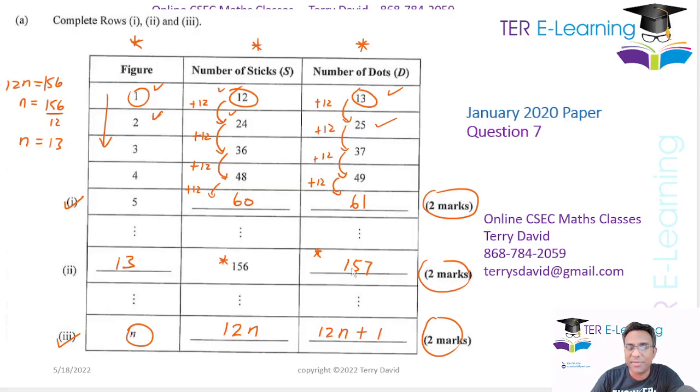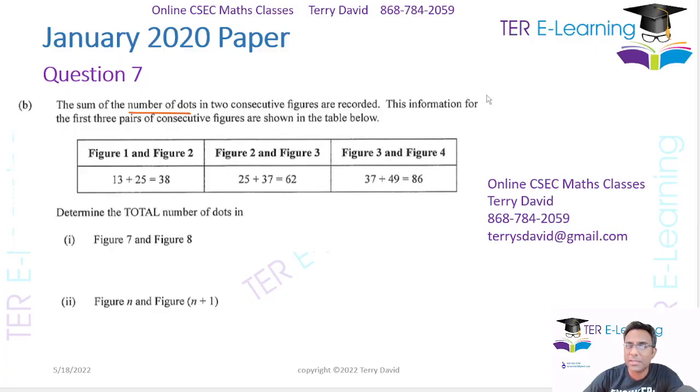Now remember the formula for the number of dots is 12n plus 1, right? So for figure 7, the number of dots should have been 12 multiplied by 7 plus 1.